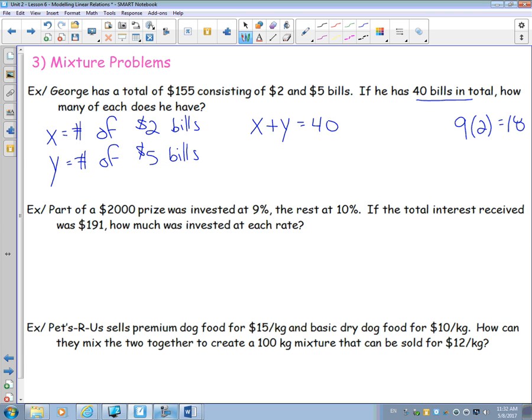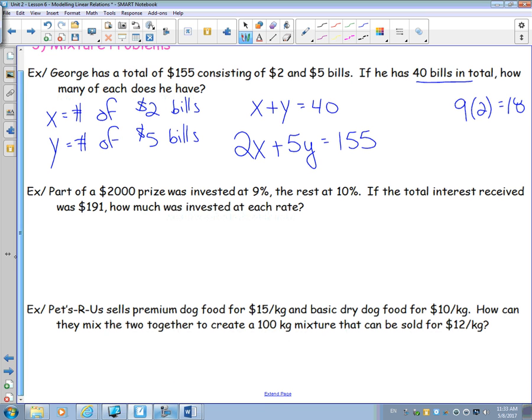So in other words, I have $2 for every one of those that I have, 2 times X. And for every $5 bill I have, I'll get $5, so 5 times Y. And I know I have $155 in total. And there's my two equations: one based on how many things I have, and one based on the value of the things I have. That's generally how mixture problems are set up. One based on number, one based on value.